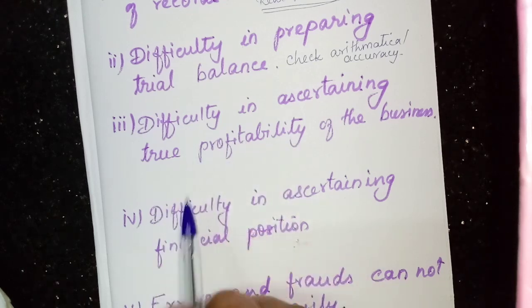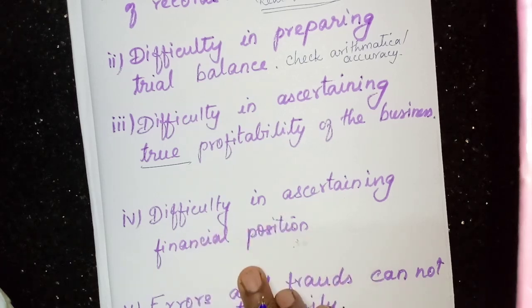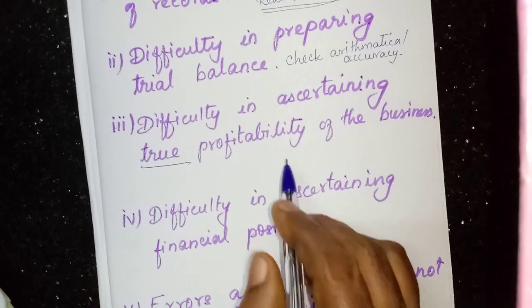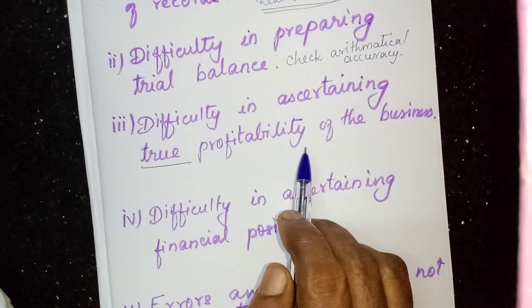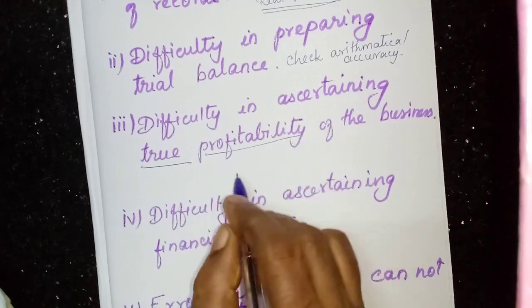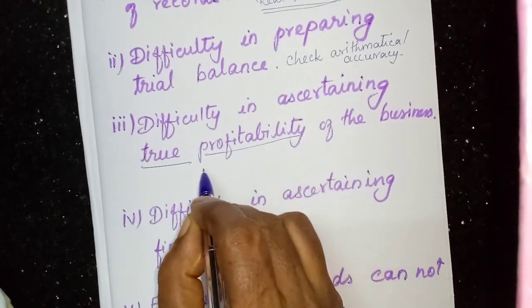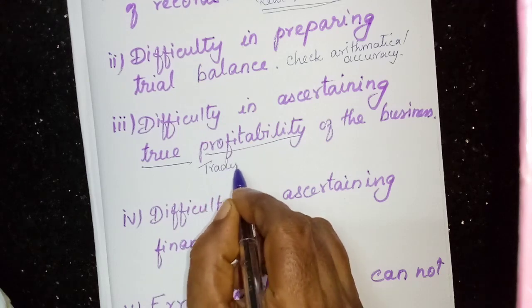Even if we prepare them, it will not be true. The profit will not be true and fair. Correct profit cannot be ascertained, because profitability is checked by the trading and profit and loss account.